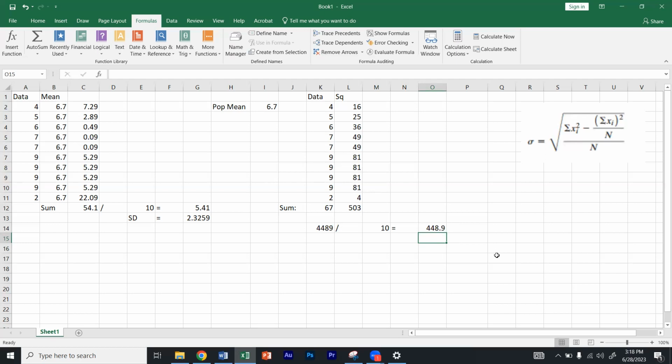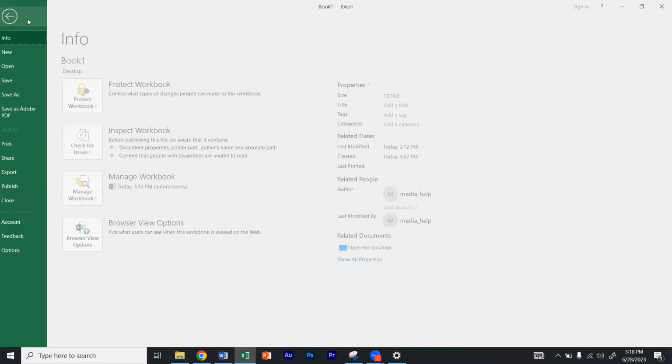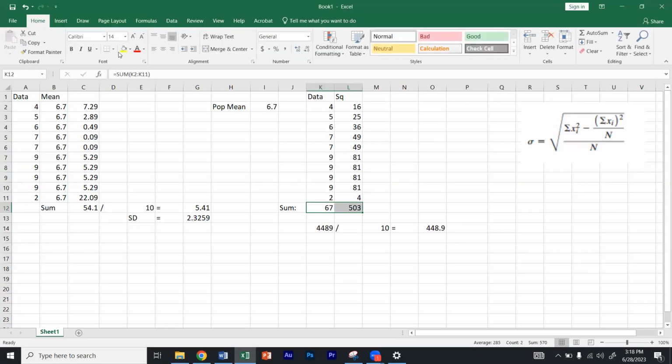All right. Now, what is this? Let's highlight these two. These two are crucial. All right. So this number 503 is the sum of the squares, this guy right here. Okay. And this 448.9 is this whole mess. So I'm going to subtract them.